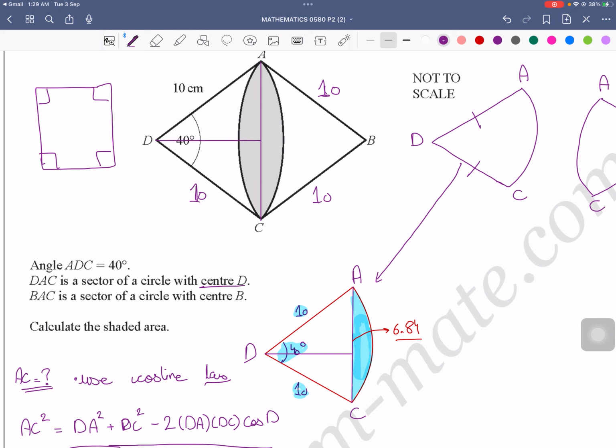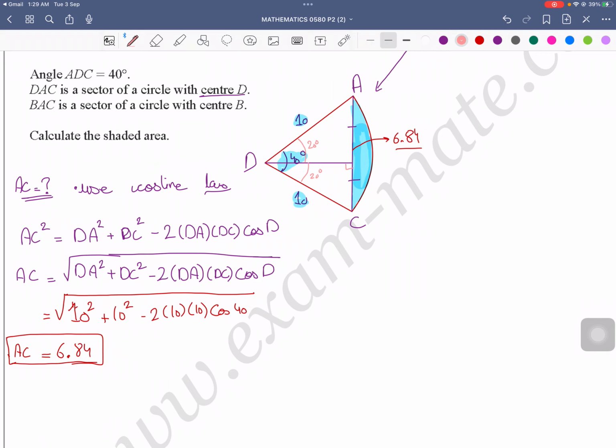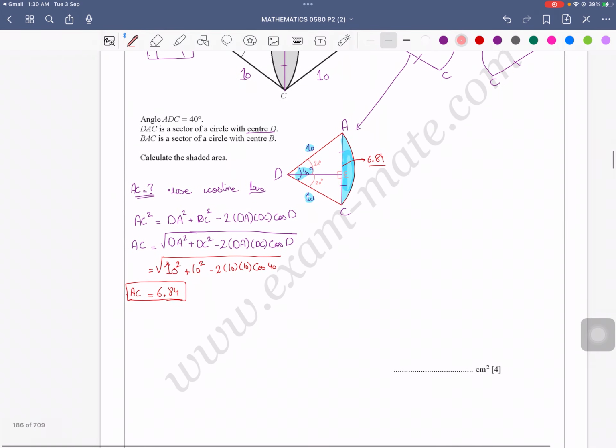We are drawing a perpendicular bisector, so both these lengths are equal. When you do this, this angle becomes 20 and this angle becomes 20 as well. Now we have to find this length, which we can call E. We need to find DE, right? And how can we find DE?